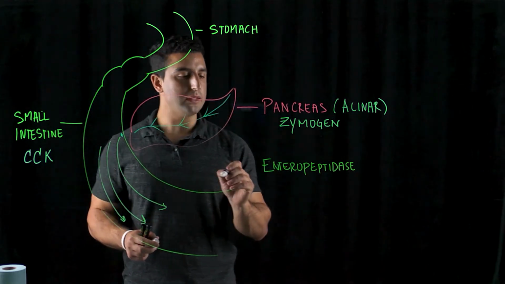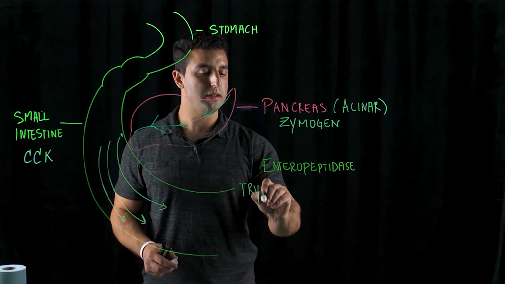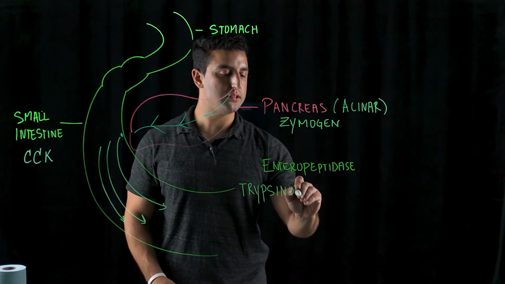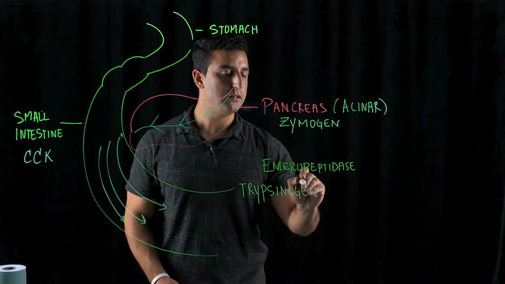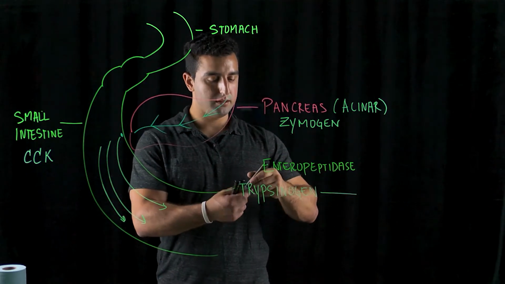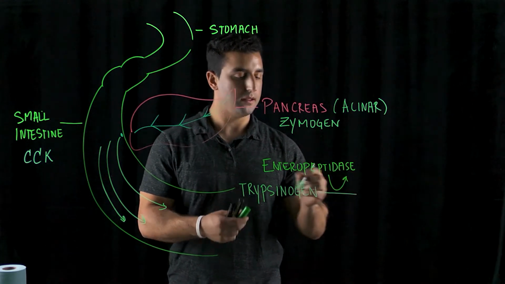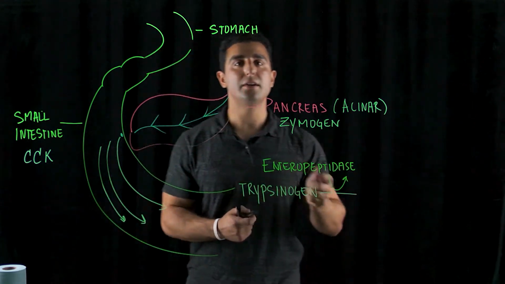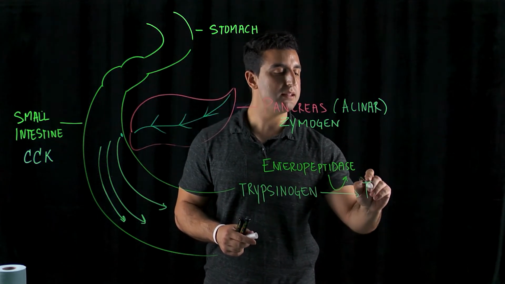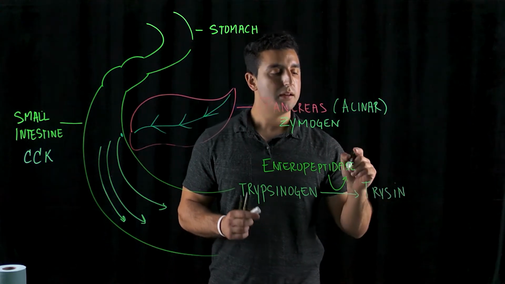The main one we want to look at is trypsinogen, a peptidase that's inactive. With the help of enteropeptidase, this enzyme helps cleave trypsinogen into an active form. Now trypsinogen has become trypsin, and this itself is a protease.